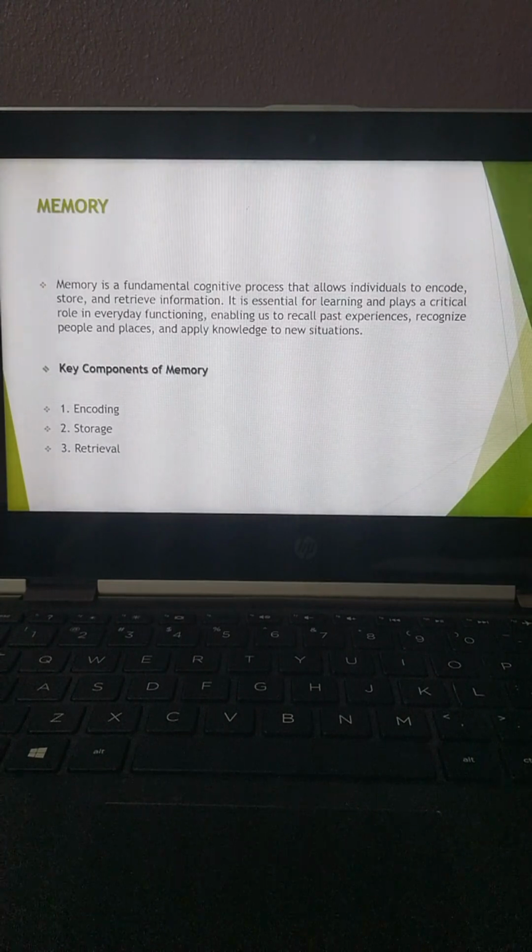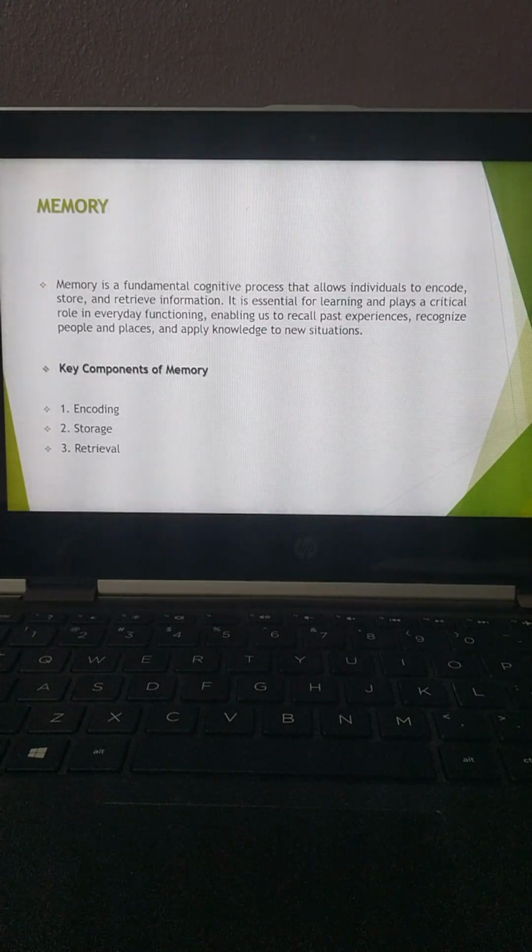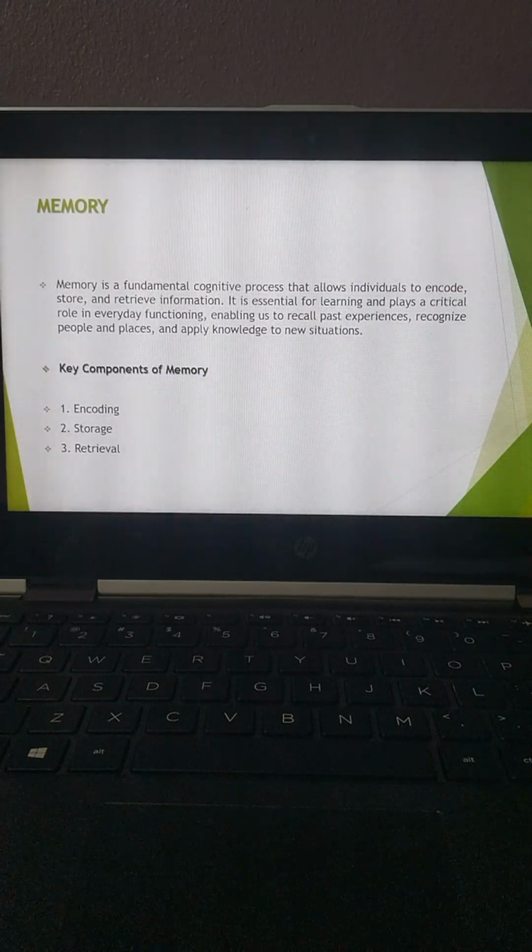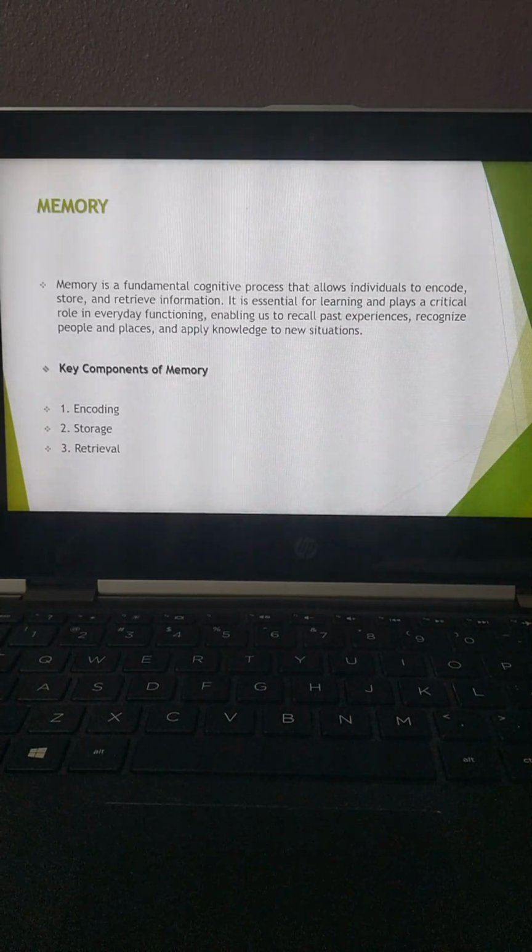Now let's discuss the memory. The memory is a fundamental cognitive process that allows individuals to encode, store, and retrieve information. It is essential for learning and plays a crucial role in everyday functioning, enabling us to recall past experiences, recognize people and places, and apply knowledge to new situations.